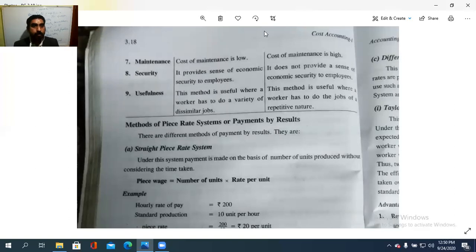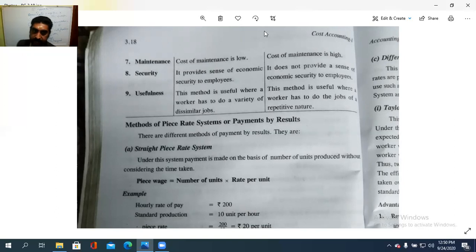In a piece rate system it does not provide economic security to the workers, as more effort is required in order to finish the output at a higher extent, and the energy, enthusiasm or efficiency of the workers will be high. They are producing more output, so they will benefit more, and less efficient workers will be penalized with low wages. That is why a piece rate system provides insecurity to the workers, while a time rate system provides security to the workers.